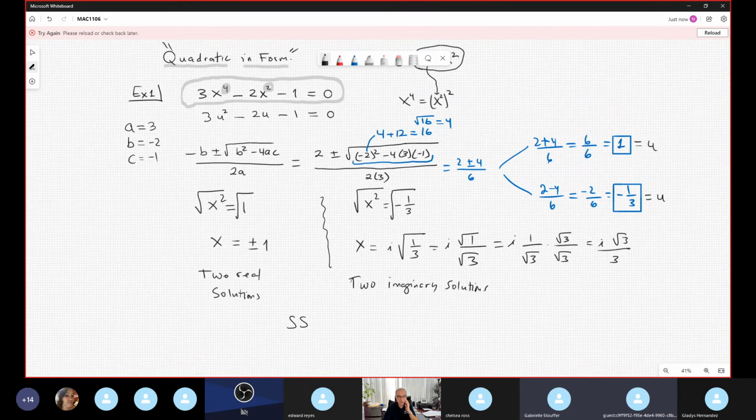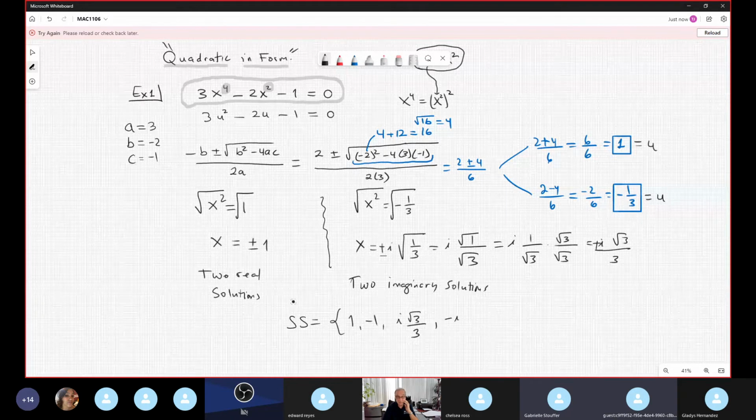Here I get two real solutions, that's 1 and -1, and two pure imaginary, i radical 3 over 3, positive. I forgot the most important part, plus and minus. Hello, I am crazy. Plus and minus, so one positive and one negative. Remember, guys, always when you apply a square root method, don't forget plus and minus. I didn't forget here, but I forgot here.